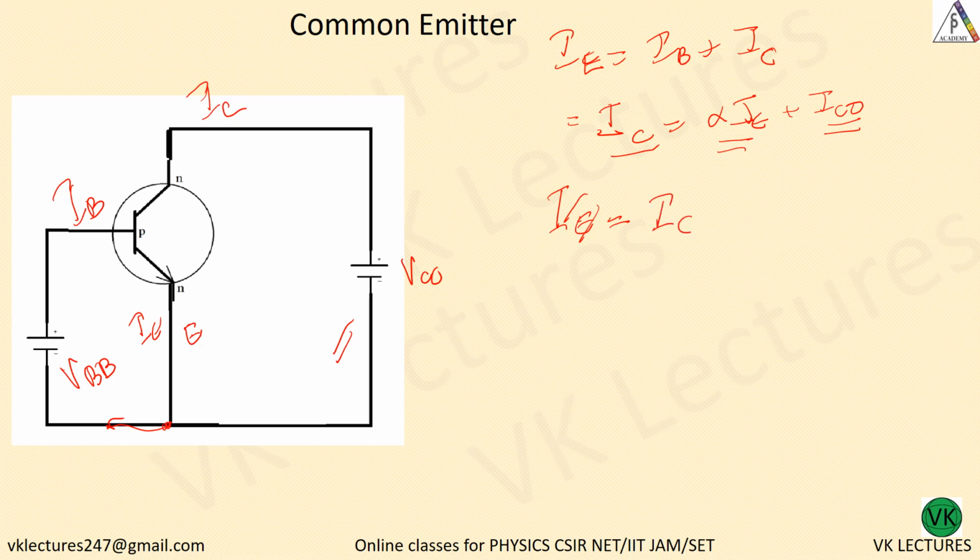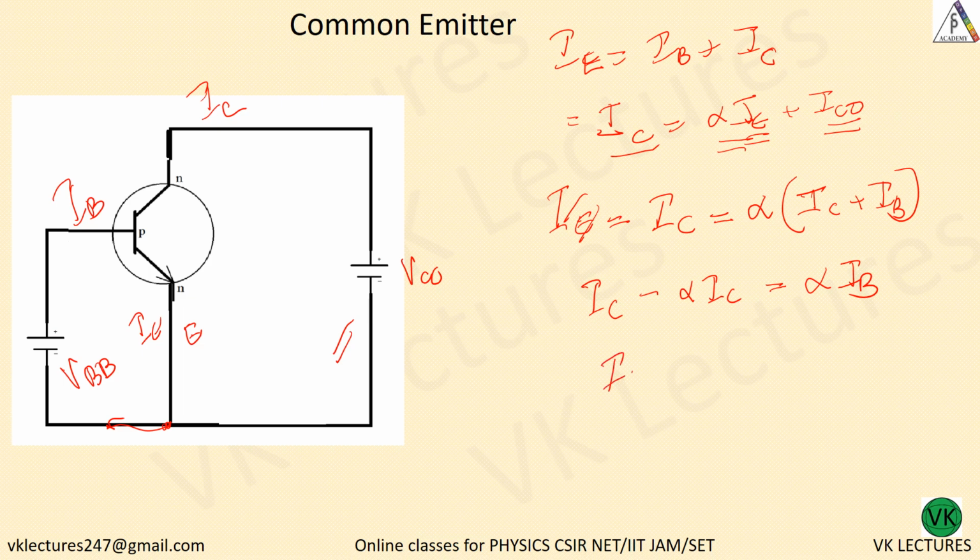So IC is equal to alpha into IE, and what is IE? IE is nothing but IC plus IB, right? So IC is equal to alpha into (IC plus IB). Now IC minus alpha IC is equal to alpha IB.